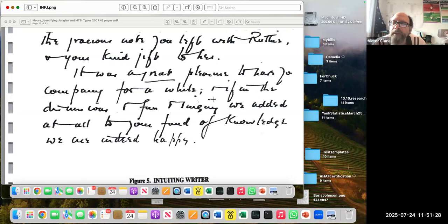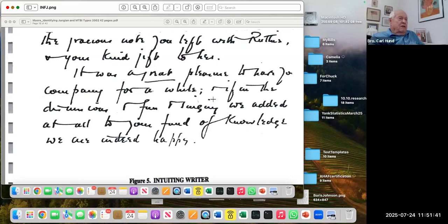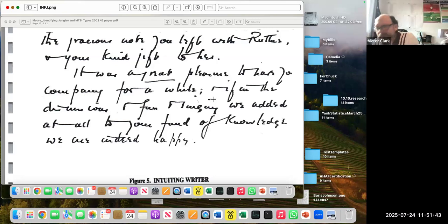The extroverted function would be sensing or intuition. That's what I thought, very sensual.